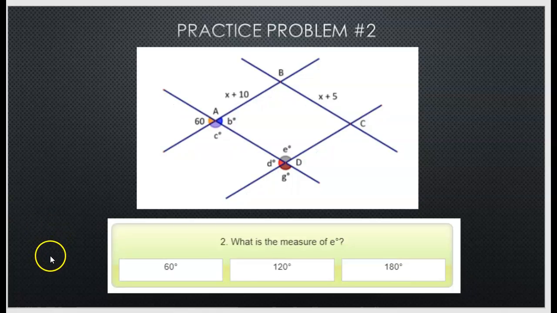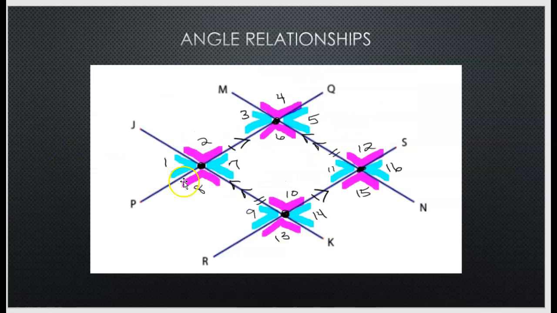Next question that pops up after that, they want to know what is the measure of angle E. Okay, so we know that 60 and B are vertical angles. Vertical angles are congruent. What that means is that angle B is also 60 degrees. Now I'm going to flash back really quickly to that one that had all the color on it, okay? So I want you to think about looking at this angle and then this angle. Those would actually be same side interior angles, right?